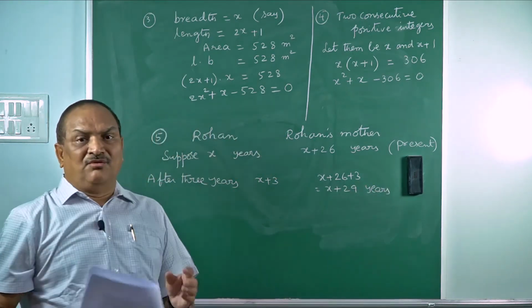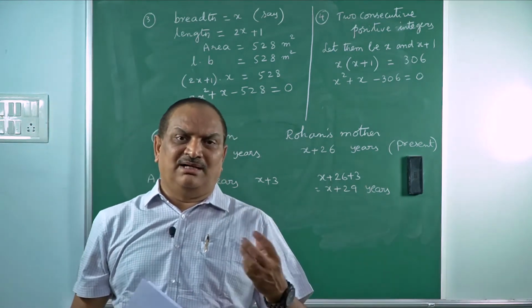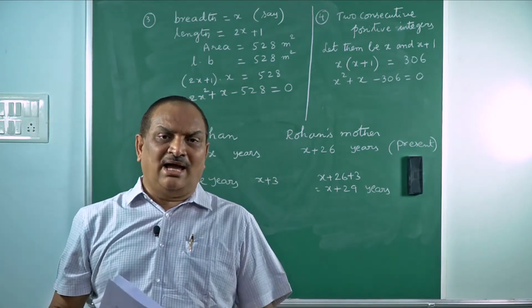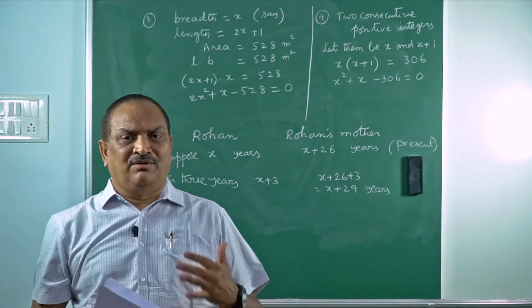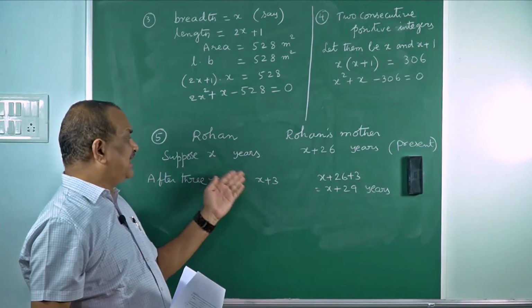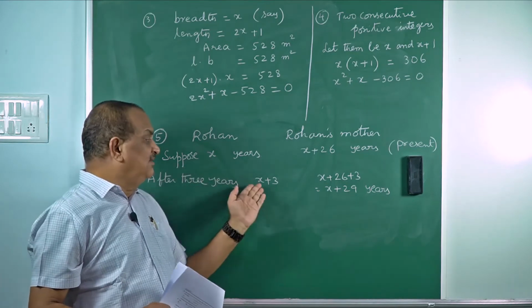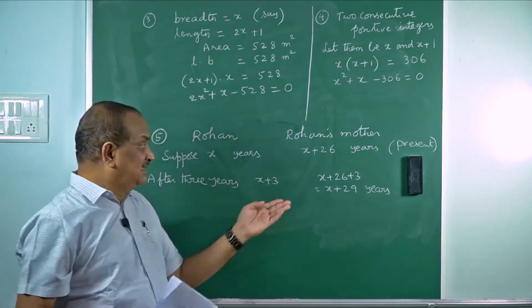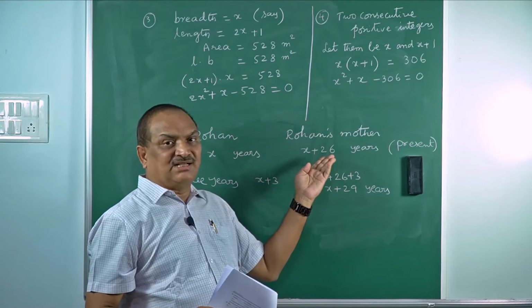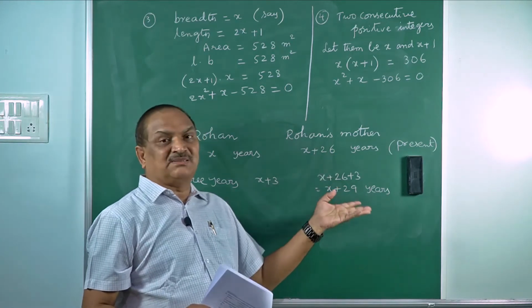Whenever you are given a problem that after 3 years, you add 3 to both of them. Rohan becomes 3 years older, present is x, he will be x plus 3 after 3 years. Present, it's x plus 26. 3 years later, it is x plus 29.